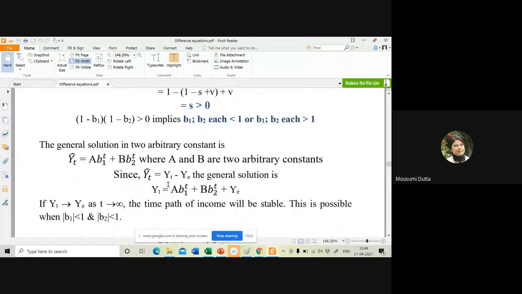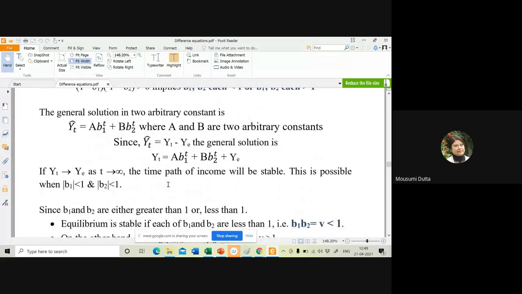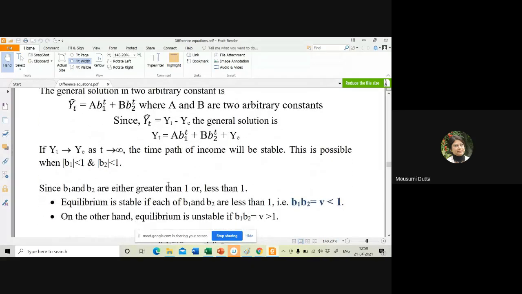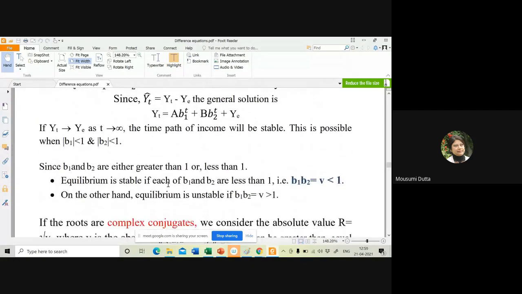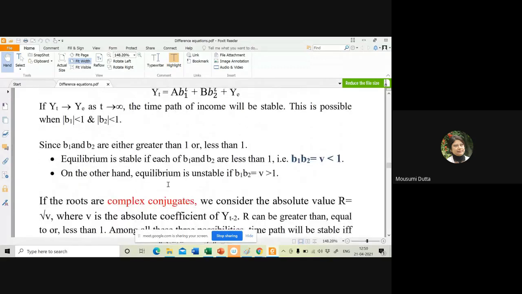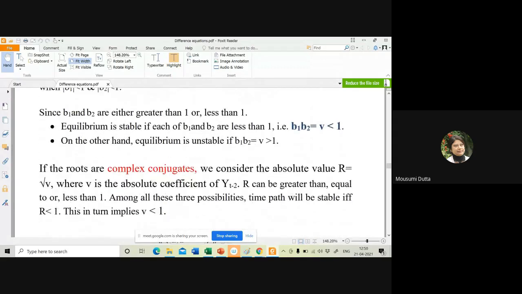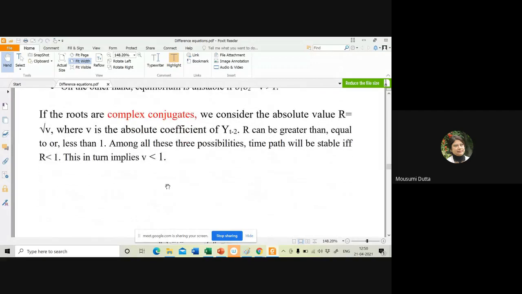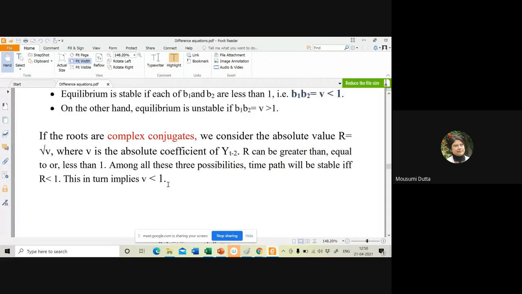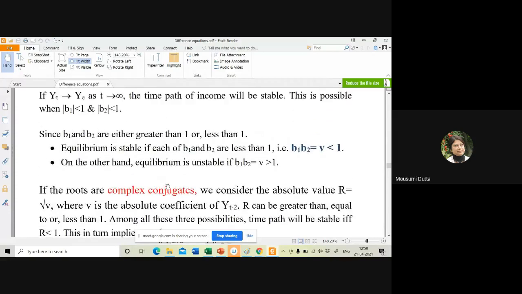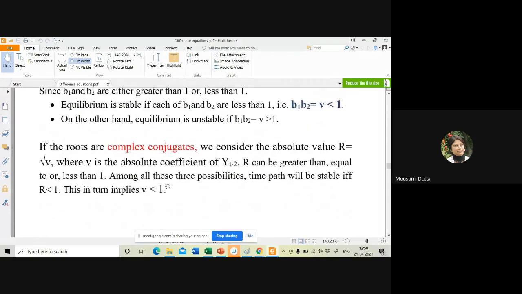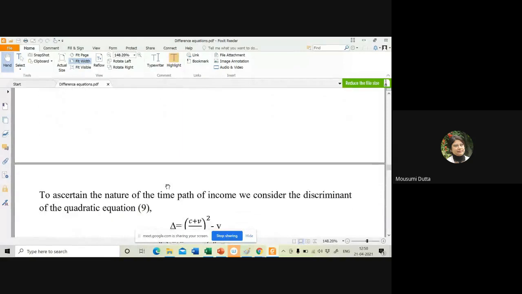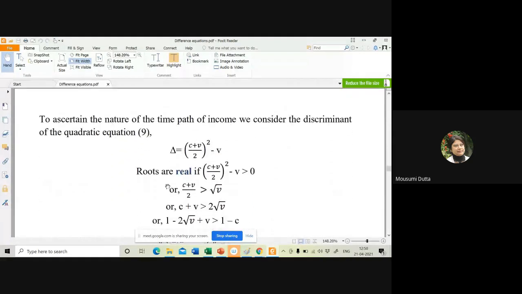After that, I'll talk about the stationarity condition. If the roots are real, what will be the stationarity condition? If the roots are complex conjugates, similar kind of thing. However, the approach is a bit different. Okay, so this is the idea. And after that, I have to talk about the discriminant part. If the roots are real, what will happen?